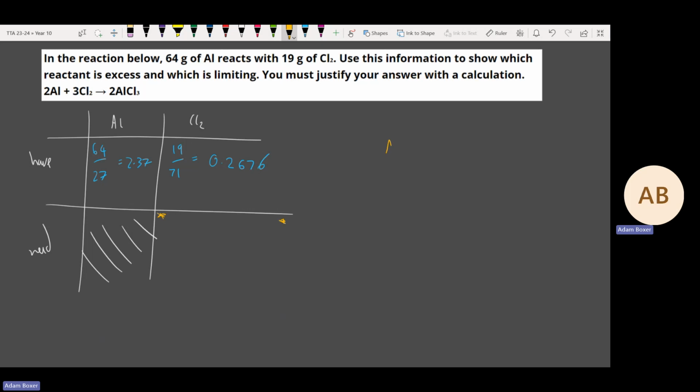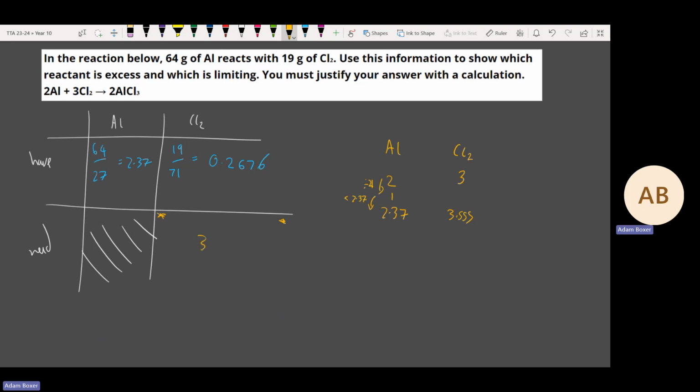So Al to Cl2 is going to be 2 to 3. So if I've got 2.37 over there, my ratio to the other side is going to be 3.55. And again, you can do that however you like, but one clever route is just to divide by 2 to get to 1, and then times by 2.37.